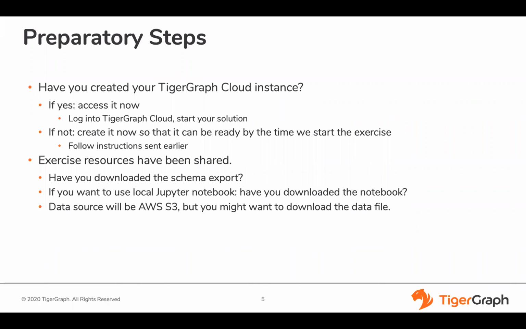This has been shared with you as well. But if you want to use it locally, for example, in your Jupyter notebook, you can download it using the link sent in the email or shared in the chat window. Finally, we are going to import data from a CSV file stored in an AWS S3 bucket. But the file also has been shared with the link to it in the chat.